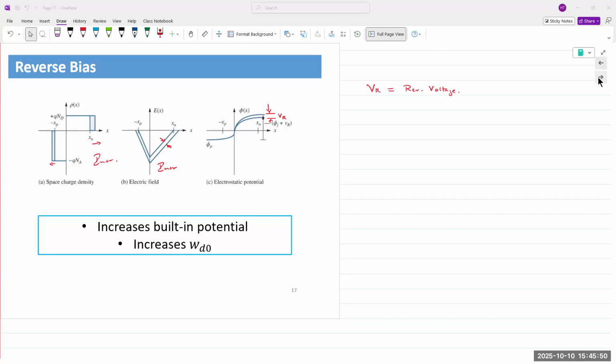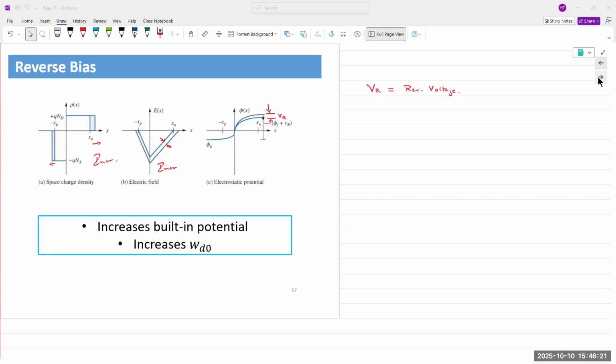But now that space charge region is increasing. If that space charge region is increasing, meaning the electrons and holes are being pulled away from the junction, what is being left behind? More ionized atoms. And that's the reason why the junction region or the depletion region is increasing. So more ionized atoms are being left behind in that space. The space charge region is increasing, and because of that, the electric field is increasing.